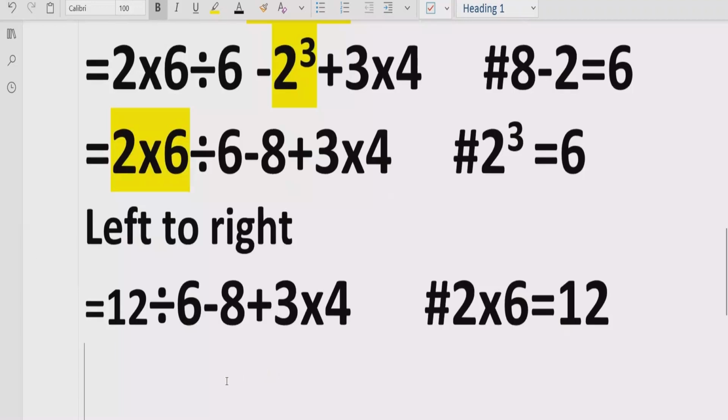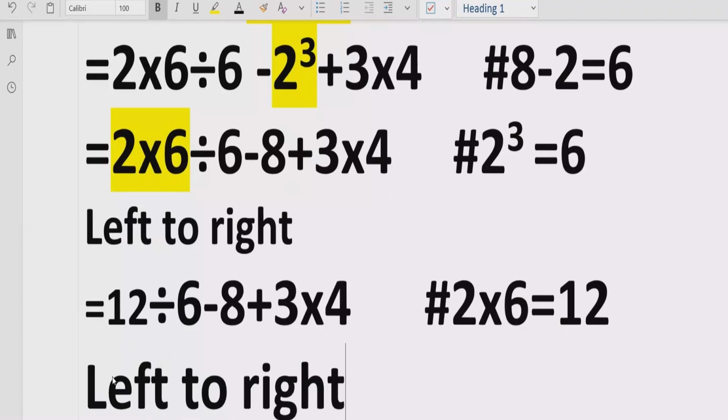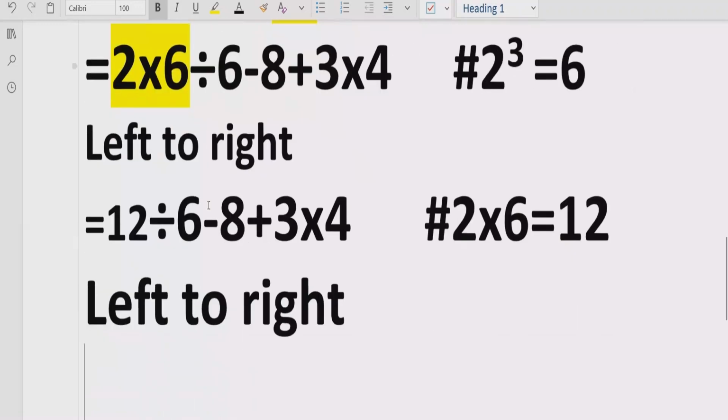Now move forward. Again we will go left to right in this expression and find out again which is coming first. Here we have division.